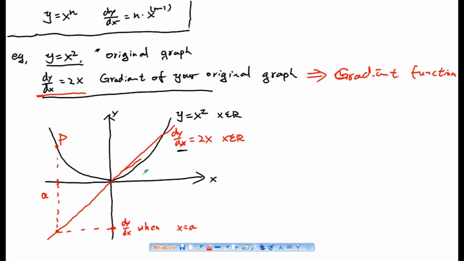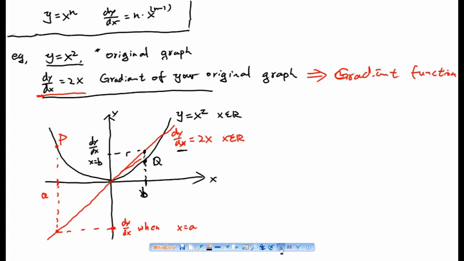So for instance, if I want to find the gradient of point Q here, what I need to do is find the x coordinate of point Q first, and then substitute it into the dy dx function, and I will have this number there: dy dx when x equals b.